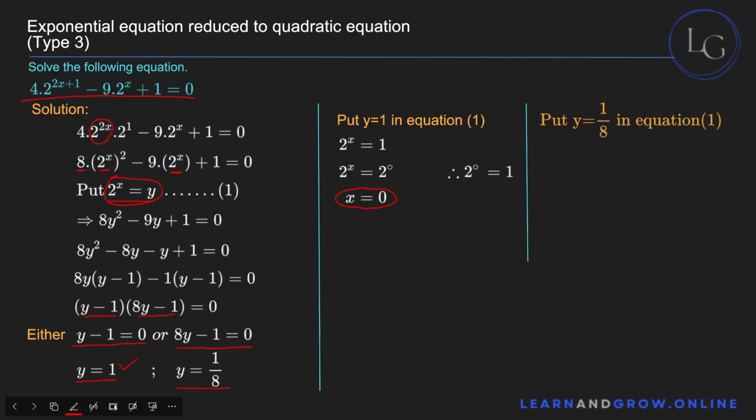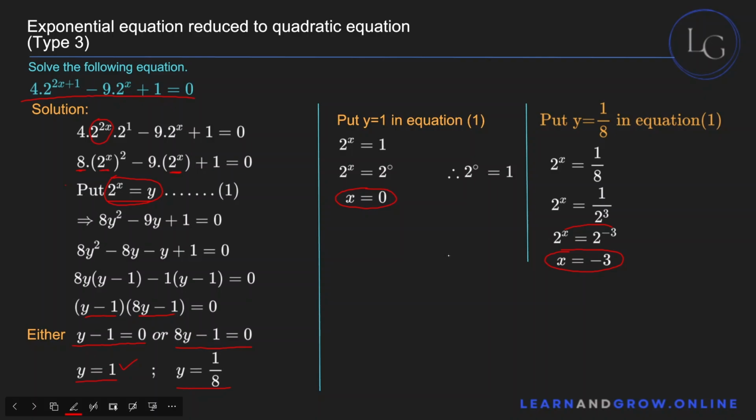Similarly, when you put y is equal to 1 by 8 in the same equation, you get 2 raised to the power x is equal to 1 by 8. So this becomes 2 raised to the power x is equal to 1 divided by 2 raised to the power 3. And if you take 2 raised to the power 3 in the numerator, this now becomes 2 raised to the power x is equal to 2 raised to the power minus 3. And simply x is equal to minus 3.